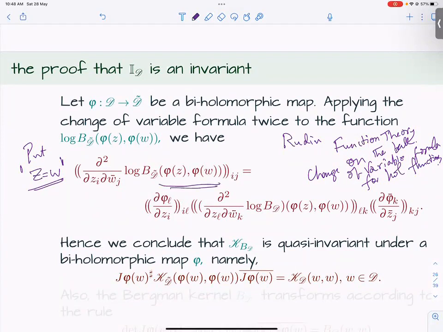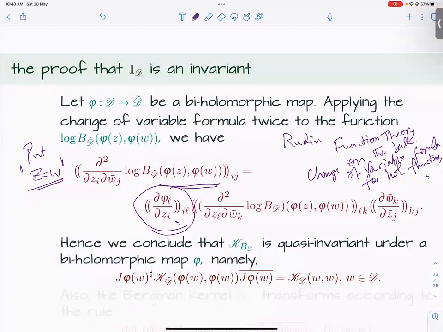And using this change of variable formula from Rudin, what you will find is that this is the same as pulling out the derivative of the function phi. Here, this will come with a transpose.